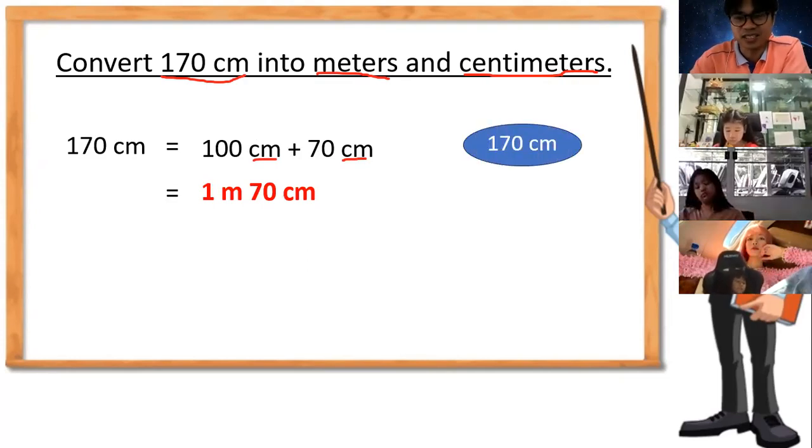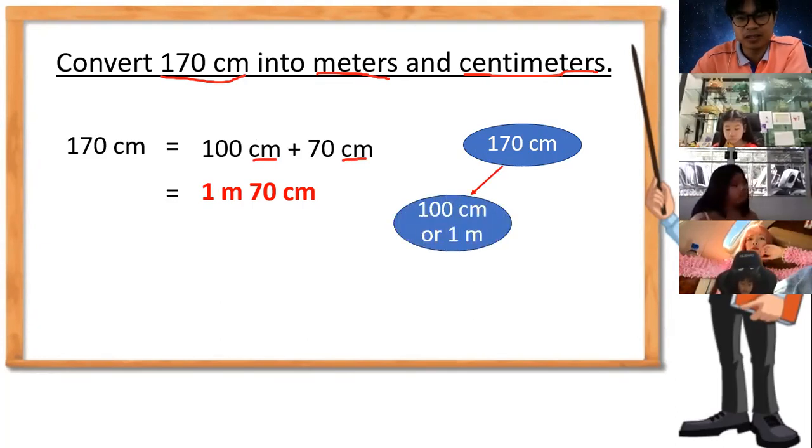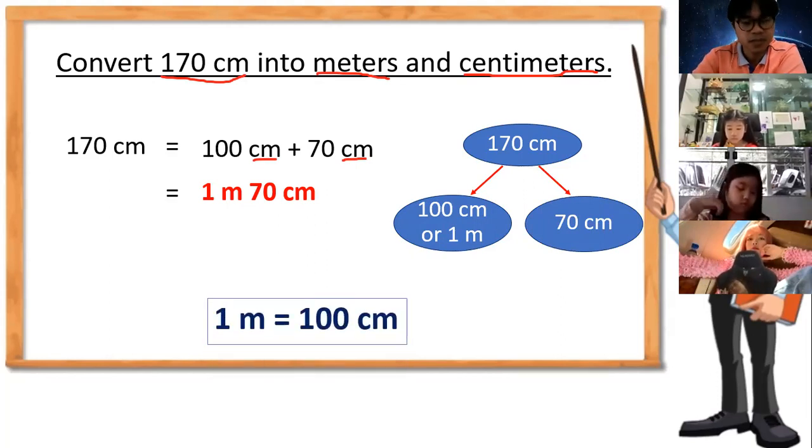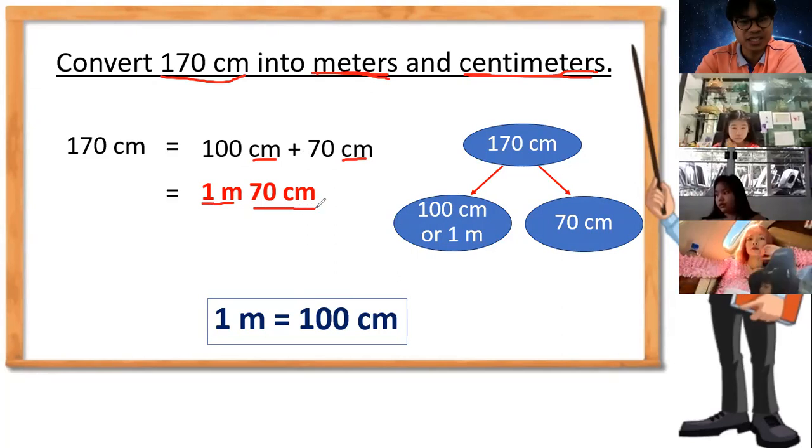So it looks like this: 170 centimeters is 100 centimeters or 1 meter, and the other one is 70 centimeters. You are asked to convert into meters and centimeters, so the answer is 1 meter and 70 centimeters.